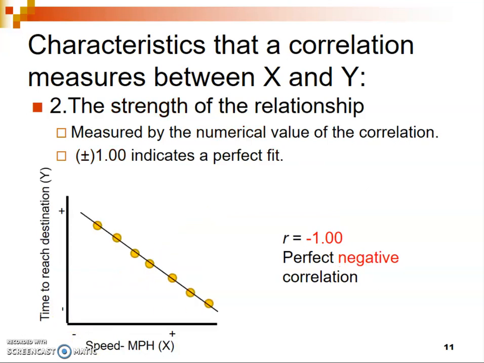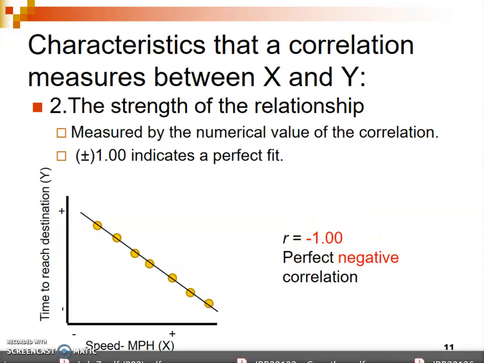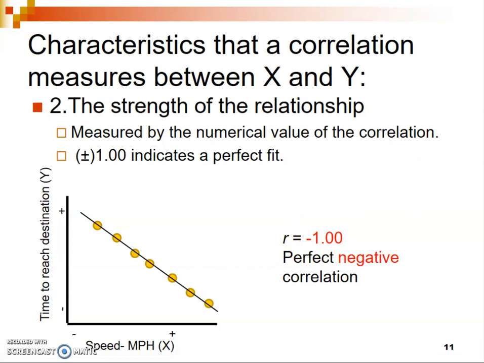Here's an example of a perfect negative correlation. A perfect negative correlation would have a correlational value of, again, all that's changed here is the sign, -1. And you'll see that all of our data points are falling exactly on that line as well.